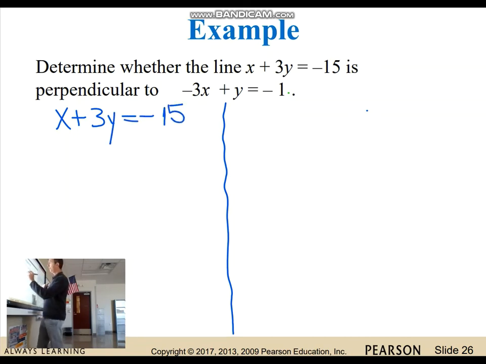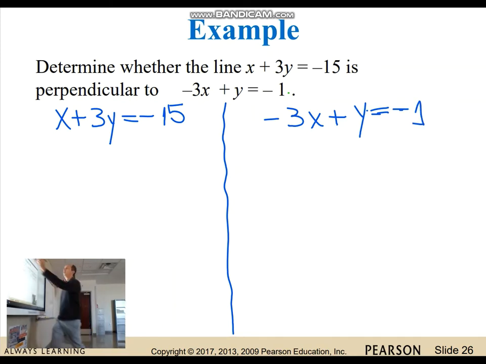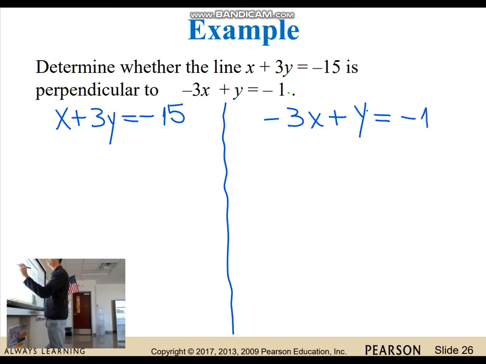On the other side, negative 3x plus y equals negative 1. Now we find the slope for each equation, transforming the form into the slope-intercept form.